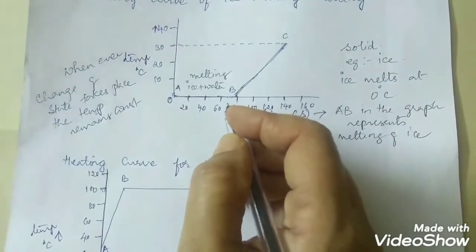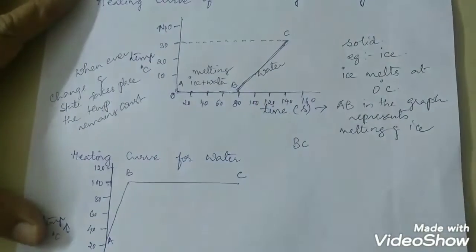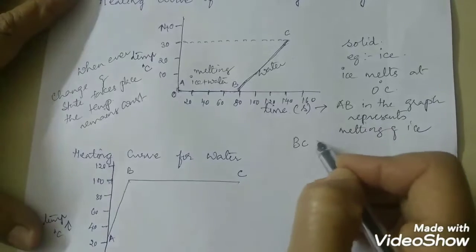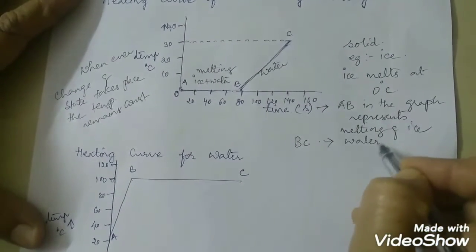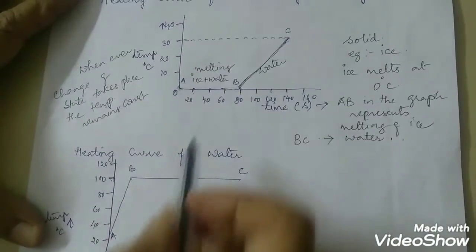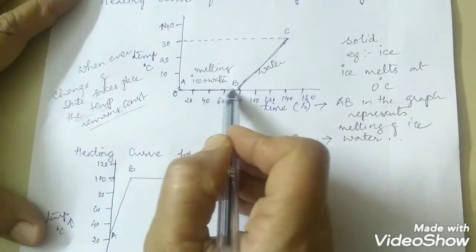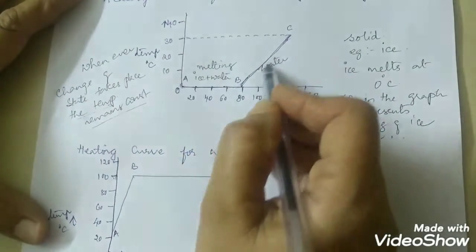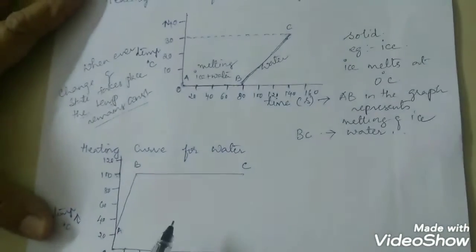So in this graph you can mention this as water. Part AB represents melting of ice, whereas part BC represents water. Always remember, whenever change of state takes place, the temperature remains constant. So as long as ice melts, the temperature remains constant. Then there will be a rise in temperature of water. This is the heating curve of ice during melting.